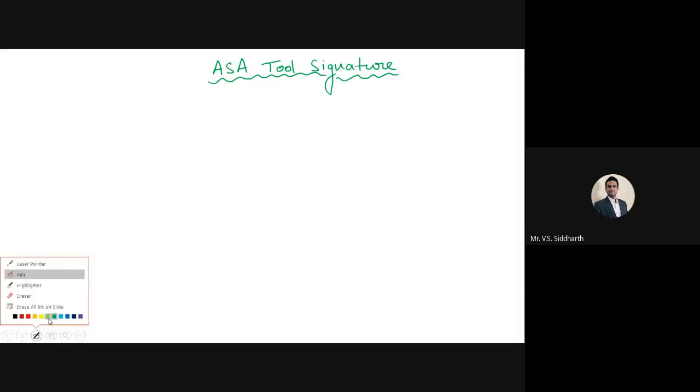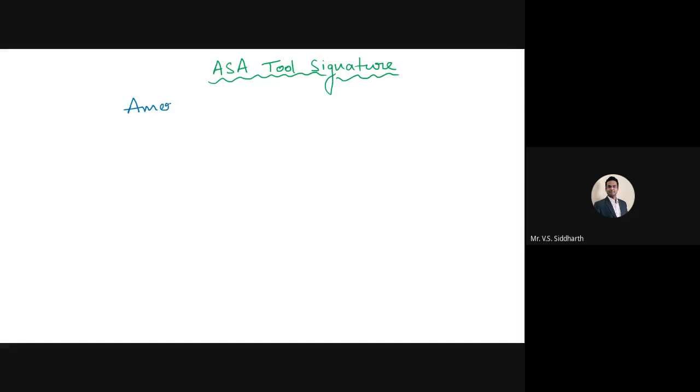Okay. Next. ASA tool signature. So this ASA tool signature, what is the full form of A? Can anyone tell me?